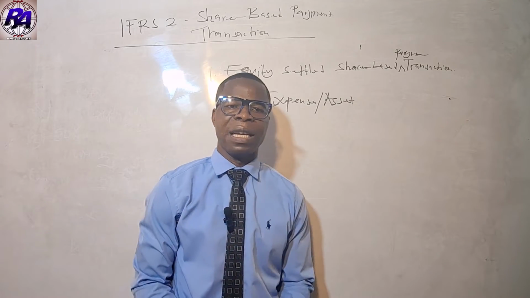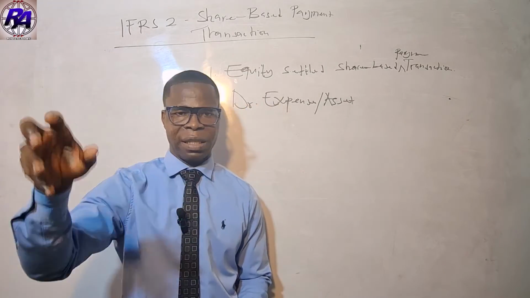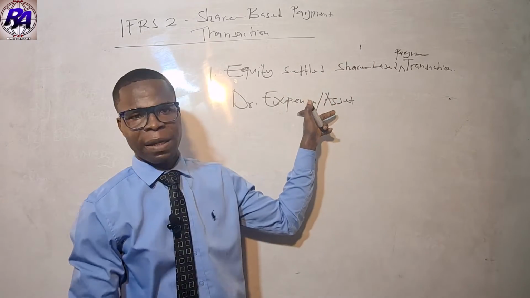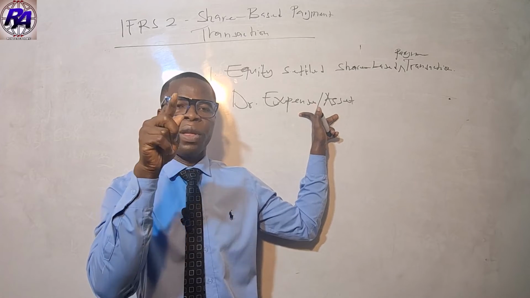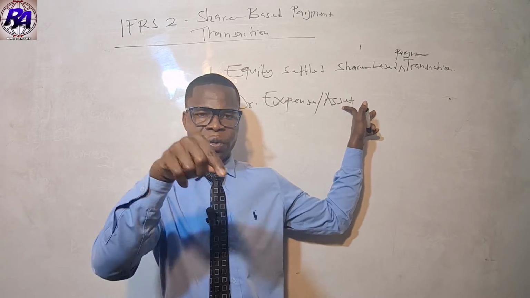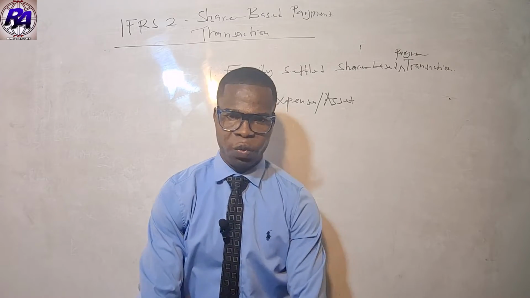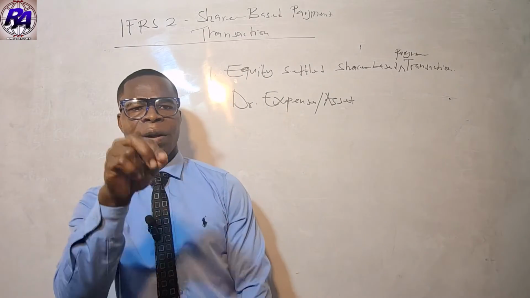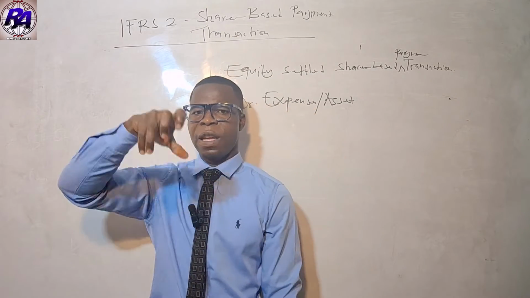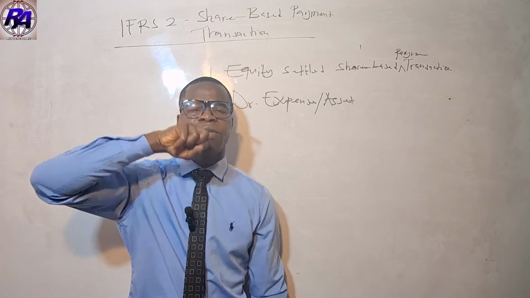So when there is an equity settled share-based payment transaction, we are going to debit expenses depending on how the goods or services are being consumed, or an asset, depending on the types of goods we are receiving. There are in fact some expenses that are even consumed before the good or the project is received.